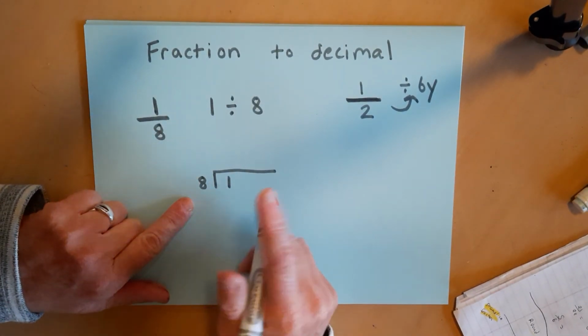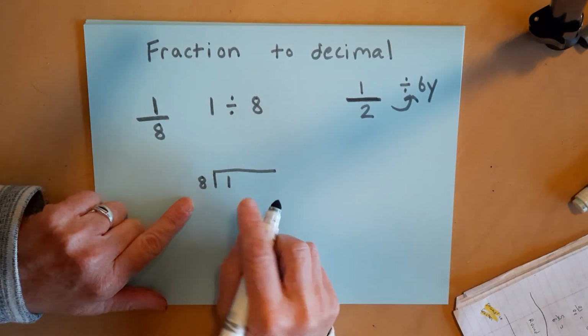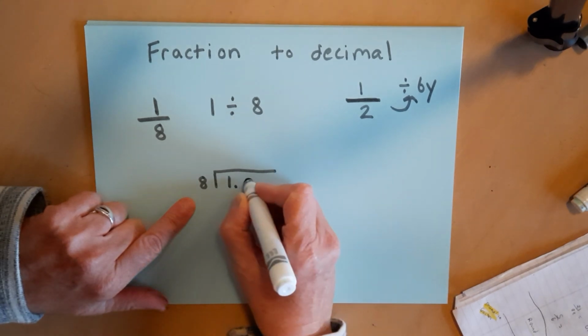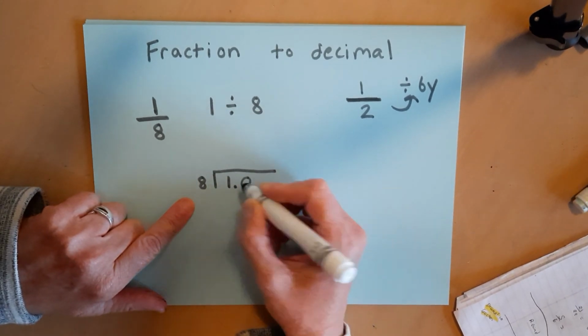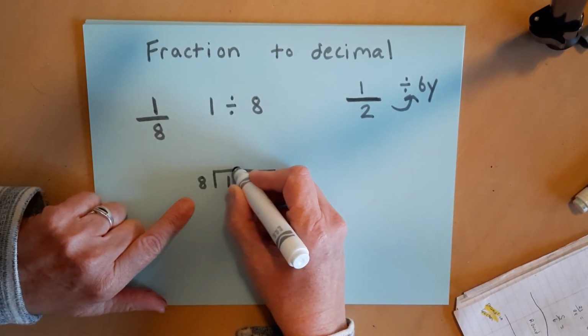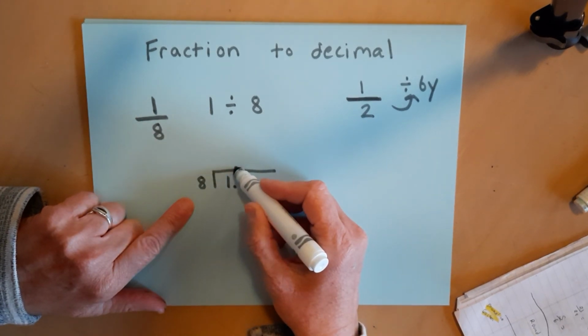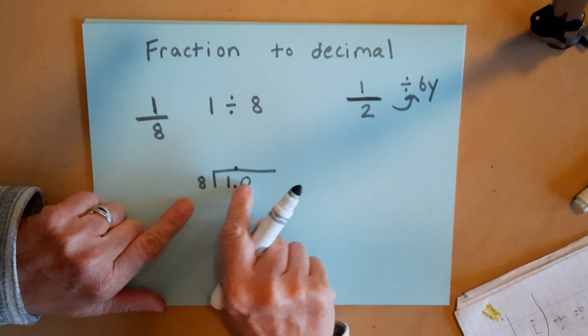8 cannot go into 1, so we have to do something to give 8 something to be divided into. So we're going to put a decimal point here, and we're going to add a 0. And we're going to take that decimal point and put it right here so it holds its spot. The decimal point on the top is always lined up with the decimal point underneath.